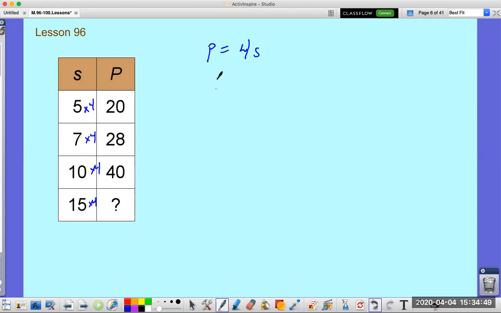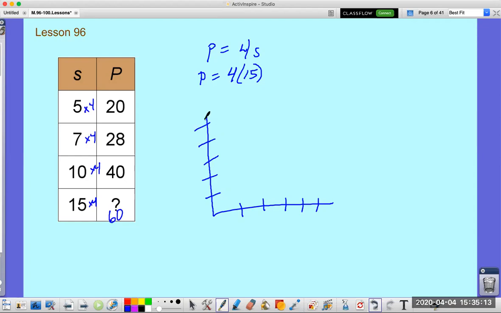So if we add that, in this case P is going to equal 4 times 15, and that makes this 60. And if we're going to graph this, you want to have 5, 10, 15, 20, 25.